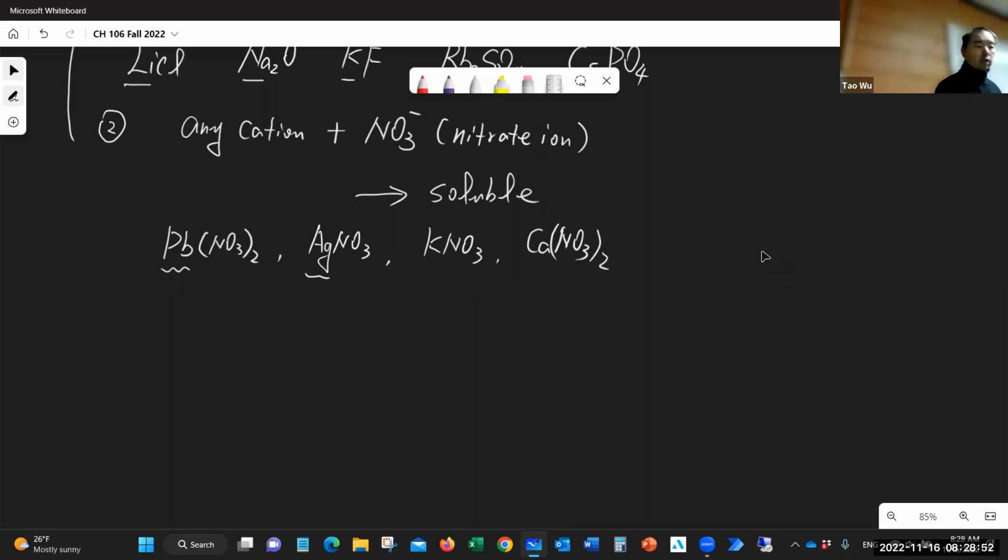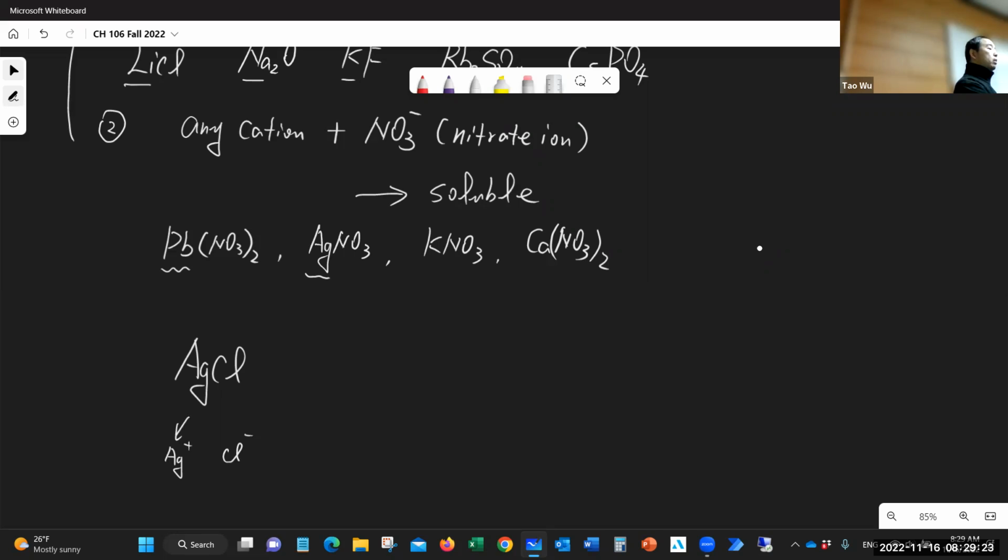So for example, if you look at one of the compounds like silver chloride, this is made by silver ion and chloride ion. First you look at the anion. The anion is the chloride, which is a little bit lower than the middle.